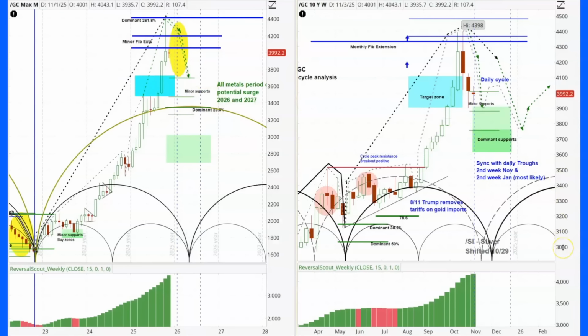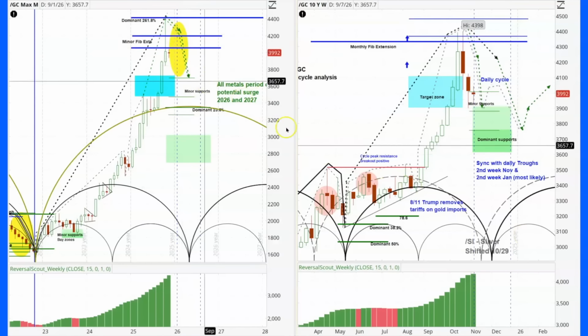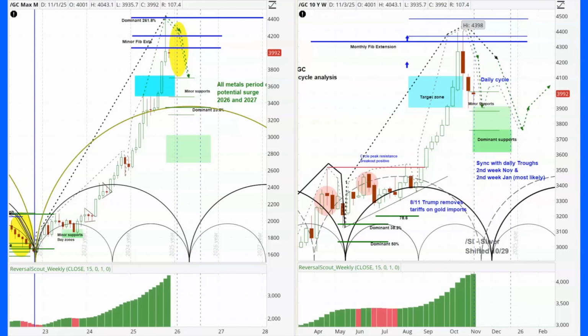What's interesting is that this decline over here is very much in alignment with what I believe is going to happen in the stock market. In other words, a large downside correction in the stock market into sometime Q2, maybe Q3 of next year.